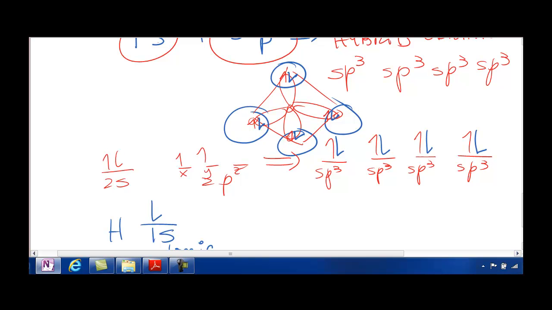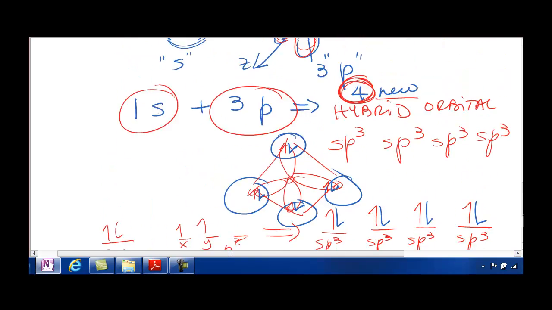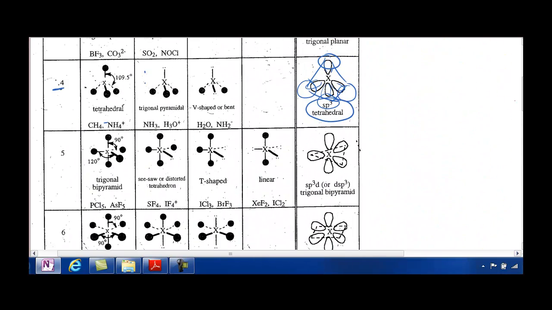Okay, so bottom line, for a count of 4, which is what Lewis told us you had, you combine 1 s and 3 p's. The px, py, pz, those are 3 p's. Gives you 4 sp3s. Are we okay with what I just said? So we're getting to the same place, but not in the same fashion.